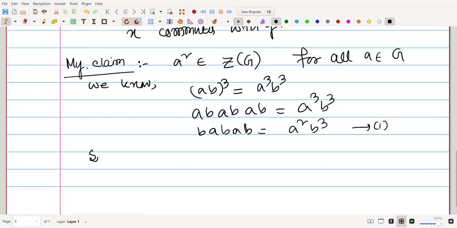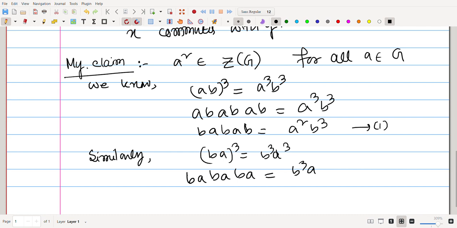Similarly, (BA) cube equals B cube A cube, so BA equals B cube A cube. If I cancel A from the right side, I will get B A equals B cube A square.